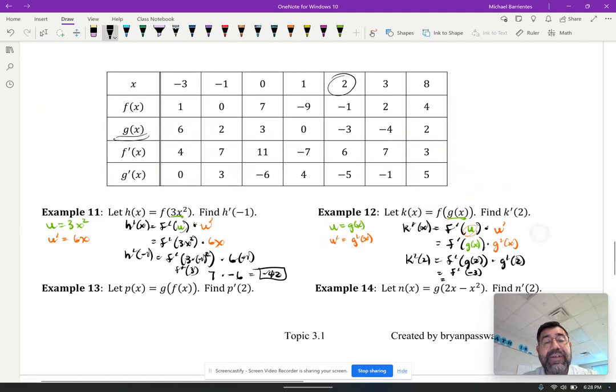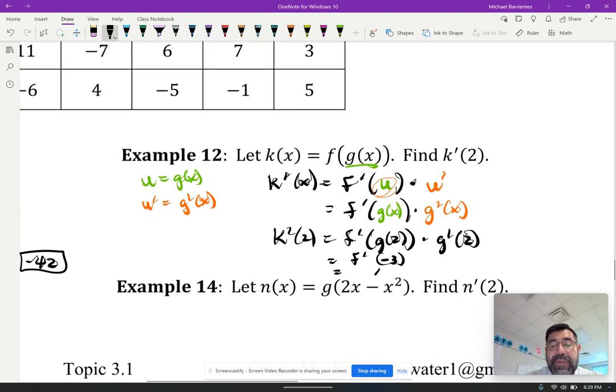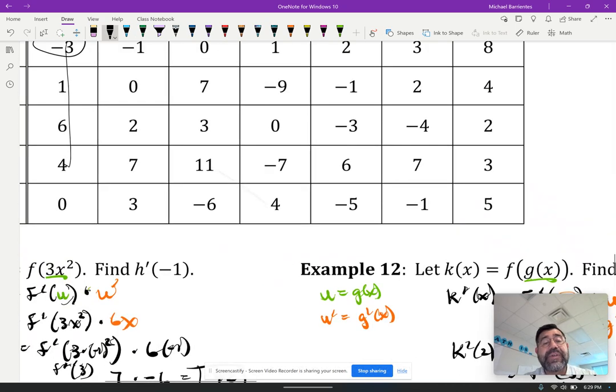So I come back over here and find f prime at negative 3, that would be 4. So this whole first part becomes 4 times whatever g prime of 2 is.